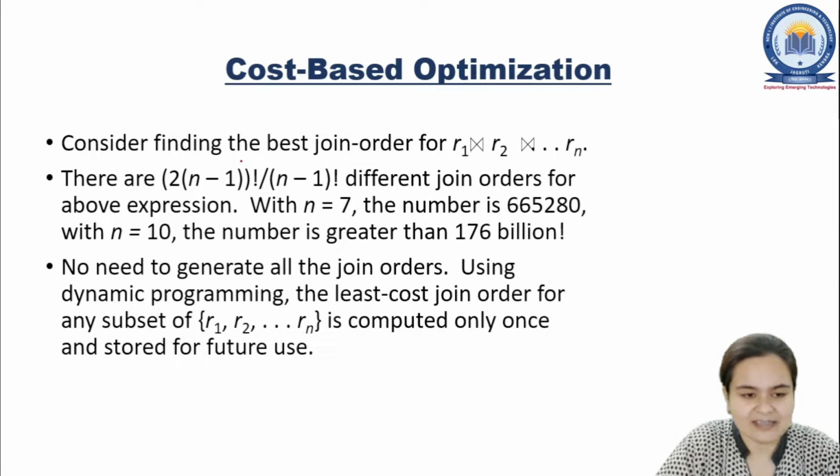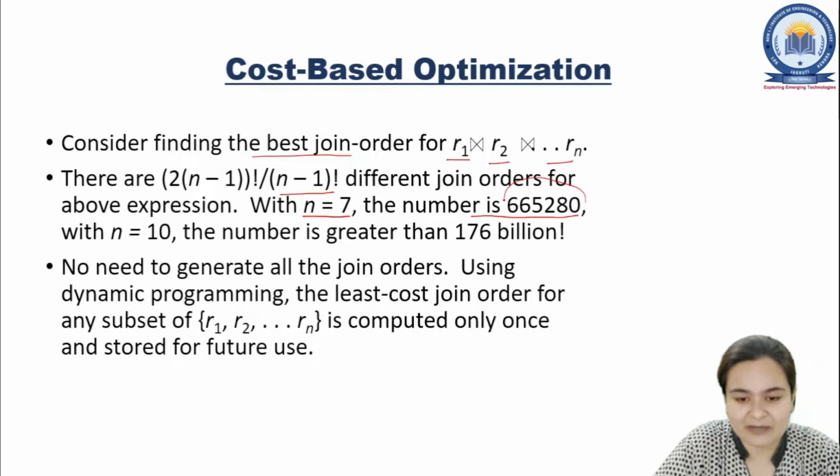Consider if we have to find the best join order of R1, R2, ... Rn, we have to join all these relations together. We can have (2(n-1))! / (n-1)! different join orders that can be possible. Suppose for a small value, if n is equal to 7, the number of possibilities will be this huge: 665,280 values.